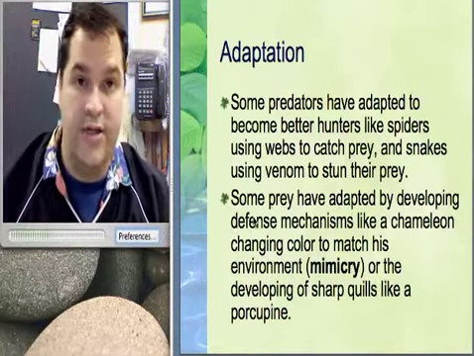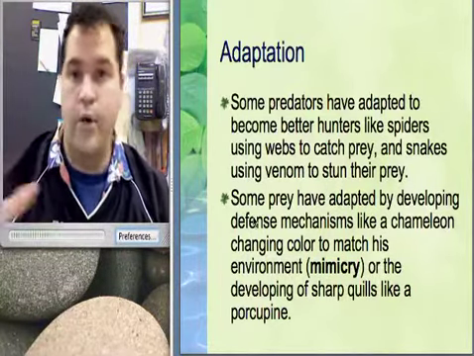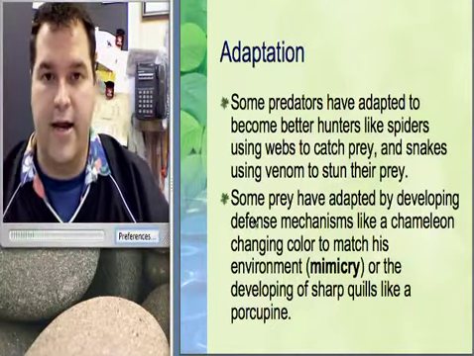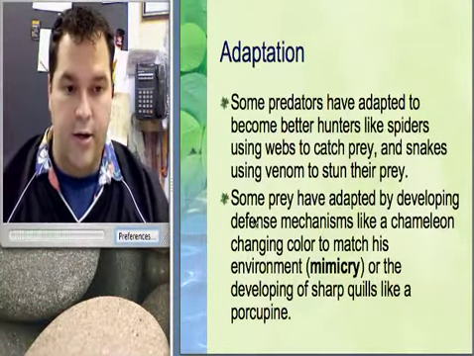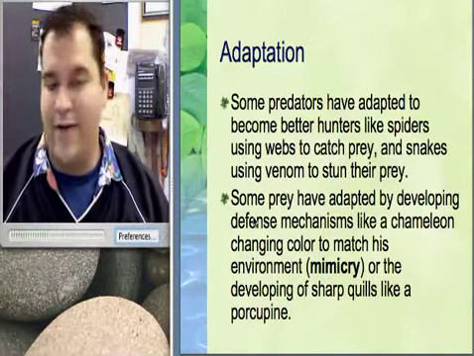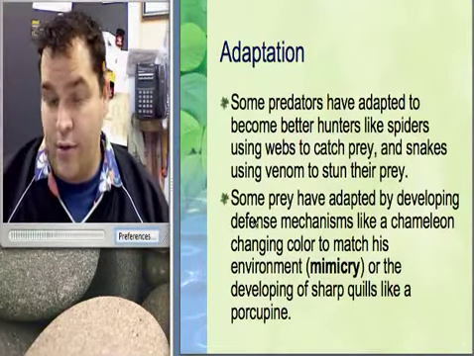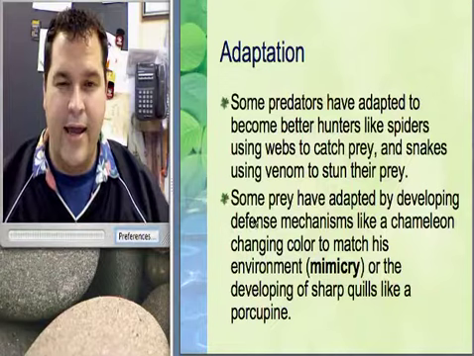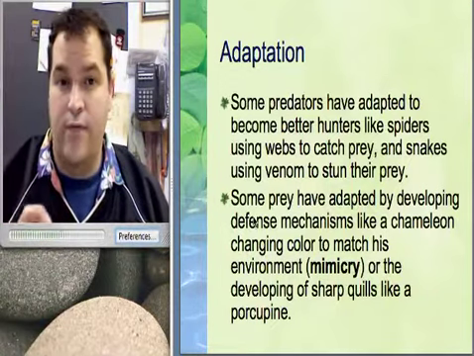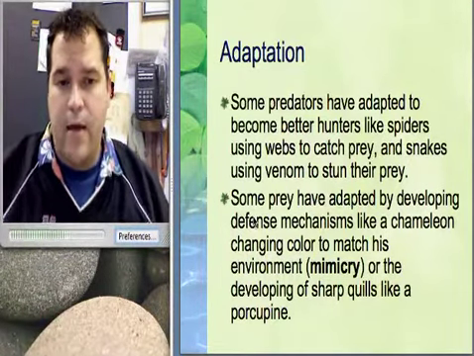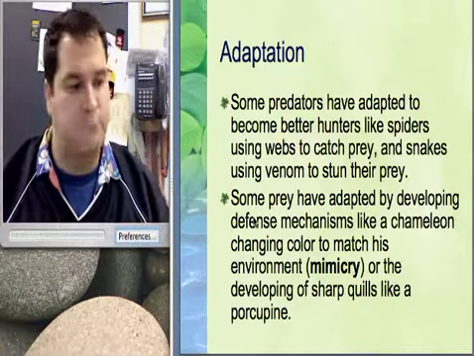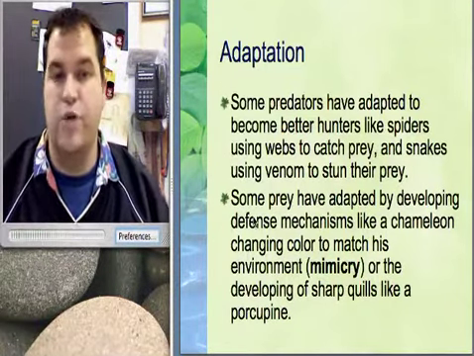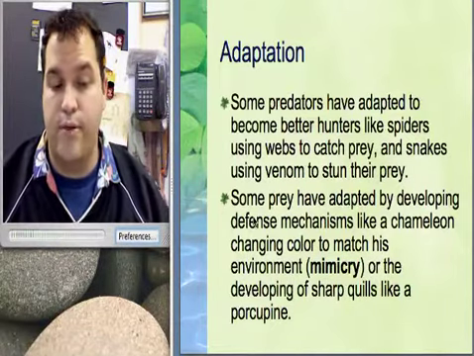Most of the time the organism that it's hunting finds its web, boom, gets stuck, and the spider comes along and has a nice little dinner. Snakes, on the other hand, could sit there and fight all day and not quite kill the organism that they're trying to kill. But if they bite them one good time with some strong venom, the venom will stun the prey and basically paralyze it. Then the snake is consuming the organism at its leisure. It's got plenty of time.